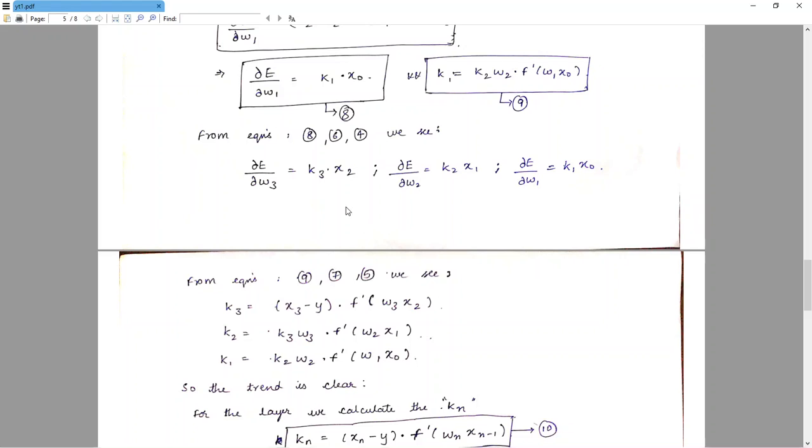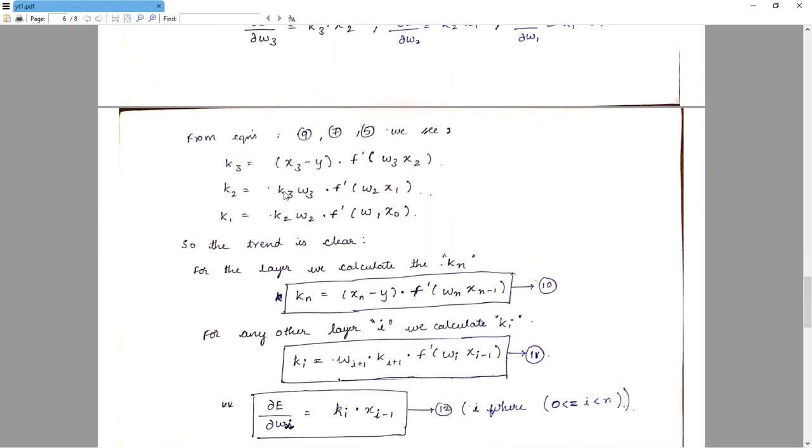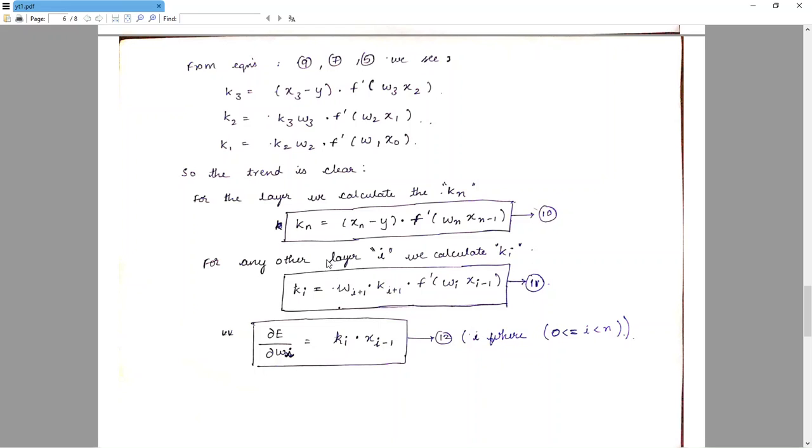So if there is an nth layer, I'll show you. If there is an nth layer, the error will be this. For the last layer, kn will be xn minus y into f dash wn xn minus 1, right?